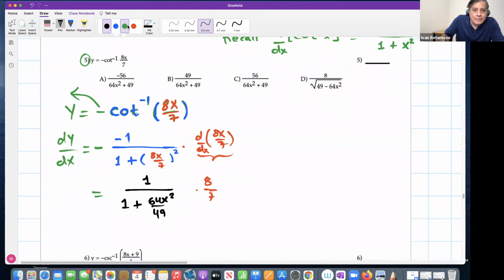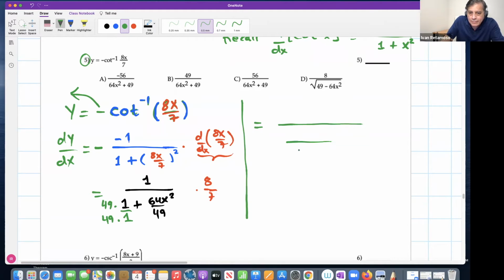What is left is just to do the algebra here. Now notice this 1 is the same as 1 over 1. LCD for 1 and 49 is 49, so you multiply by 49 top and bottom. So you get 49 here, 49 here. So the common denominator should be 49.